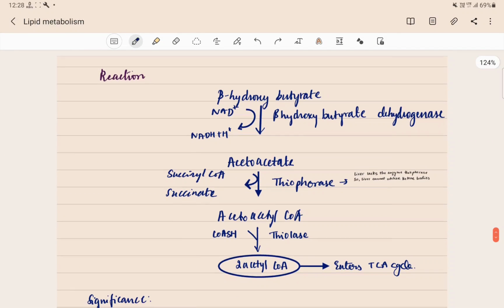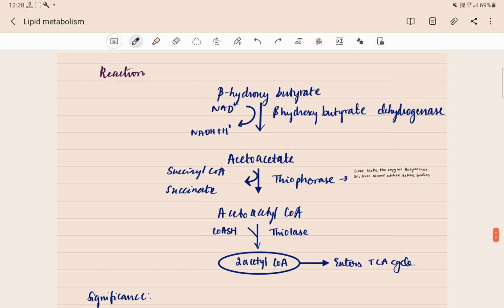The reaction starts with beta hydroxybutyrate, which, as we know, is one of the ketone bodies formed in the mitochondria in ketogenesis.